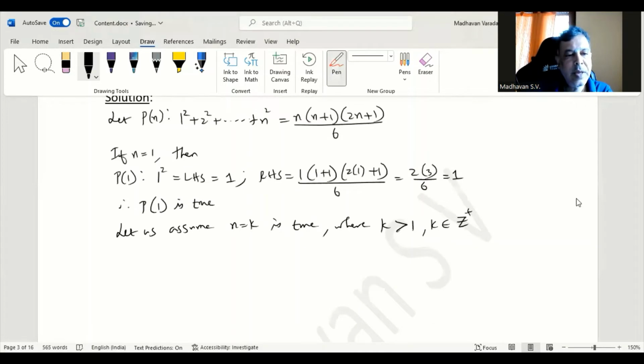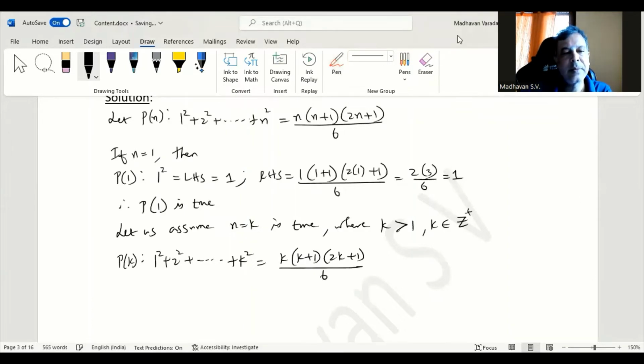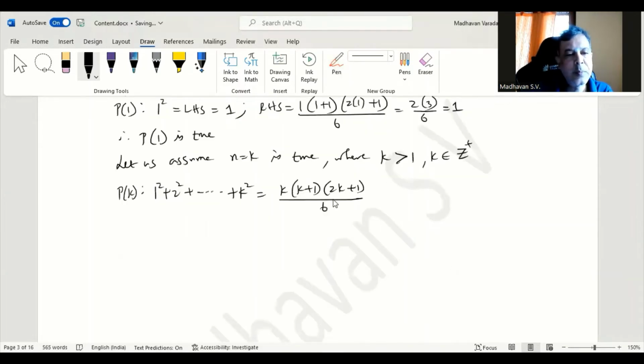So now we can rewrite p of k as 1 square plus 2 square plus and so on up to k square should be equal to k into k plus 1 into 2k plus 1 divided by 6. Now we need to prove p of k plus 1 is true.